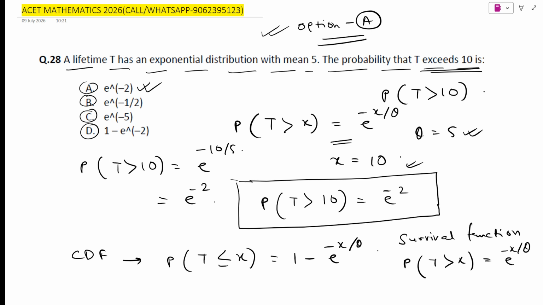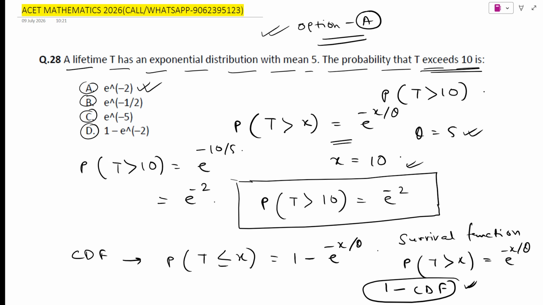Notice carefully, the survival function is simply 1 minus CDF. This is one of the most commonly tested conceptual points in the ACET. Less than means think of the CDF, and greater than means think of the survival function, or simply remember, exceeds means exponential survival. Whenever you read words like exceeds, your brain should immediately recall the survival function.